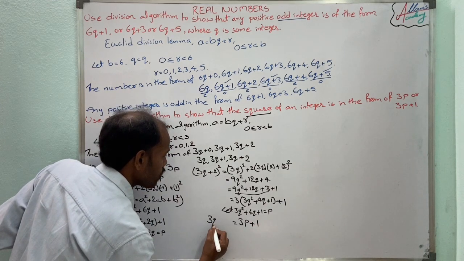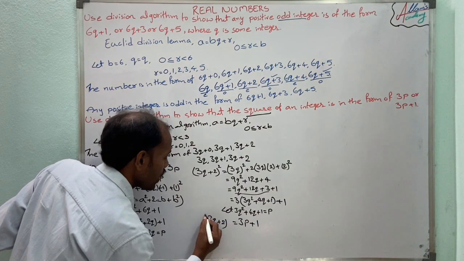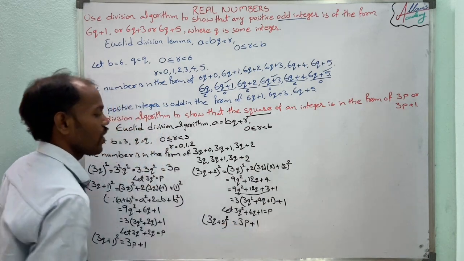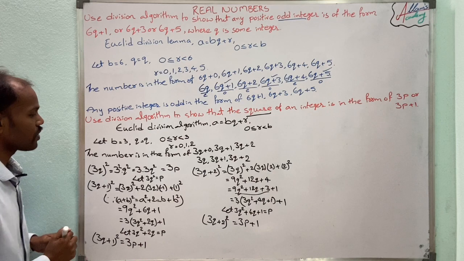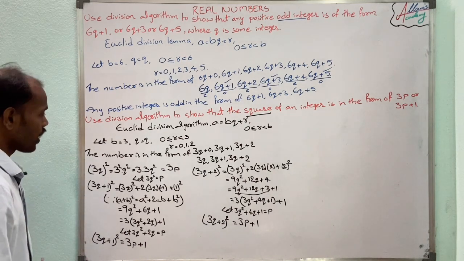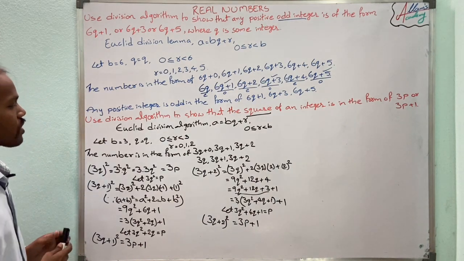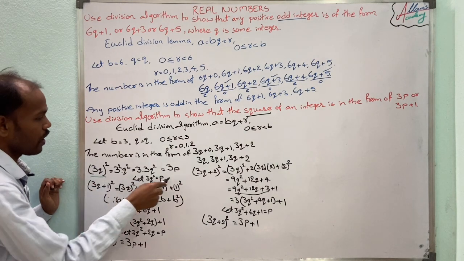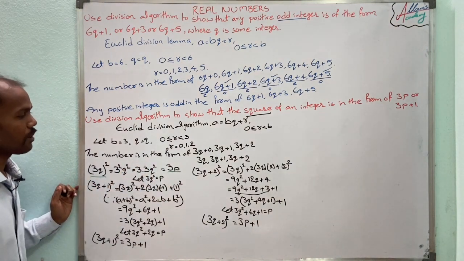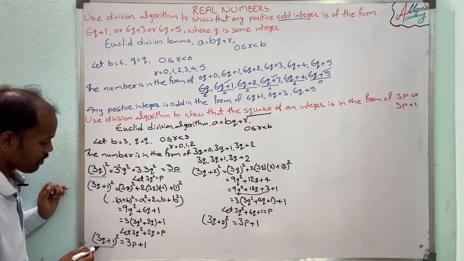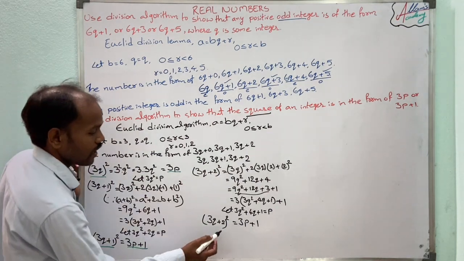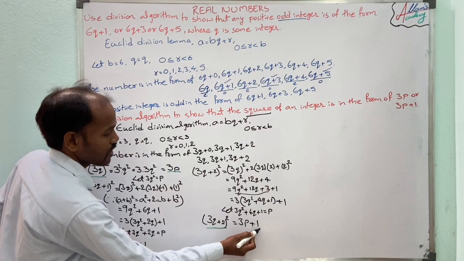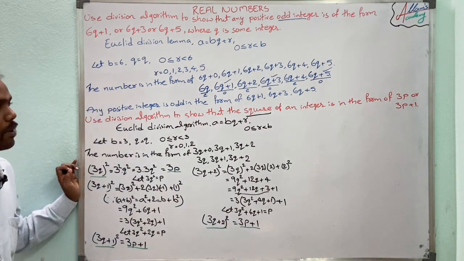So (3q plus 2) whole square is written in the form of 3p plus 1. So now we observed here the first one, (3q) whole square is written in the form of 3p, and (3q plus 1) whole square is written in the form of 3p plus 1, (3q plus 2) whole square is written in the form of 3p plus 1.